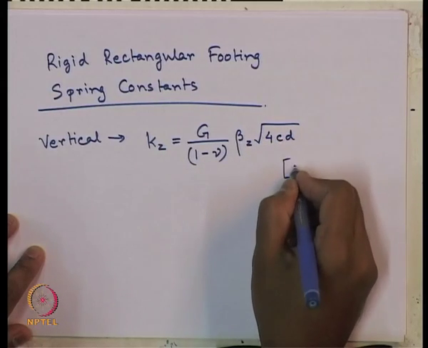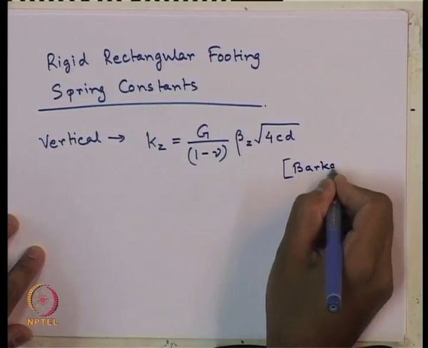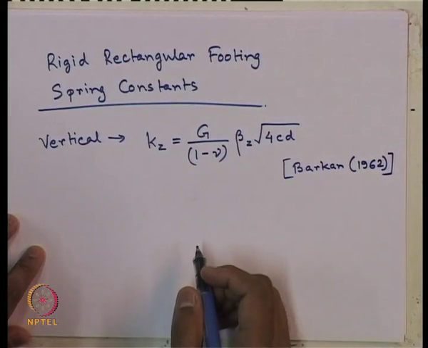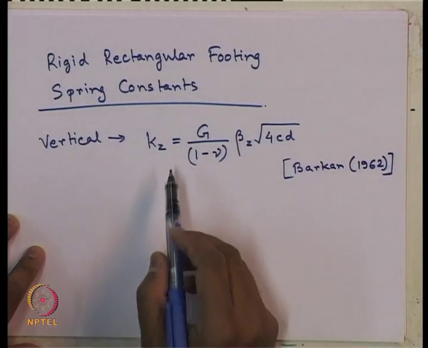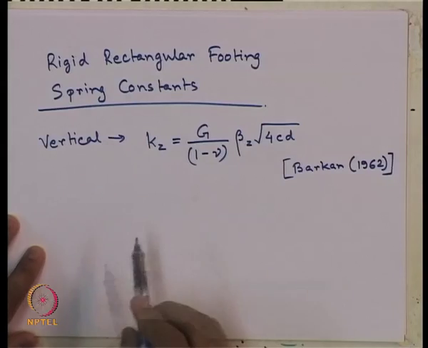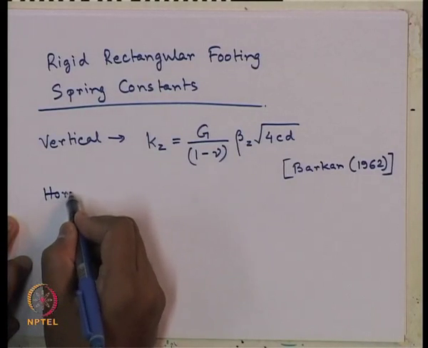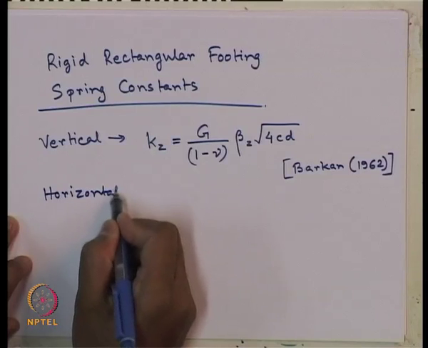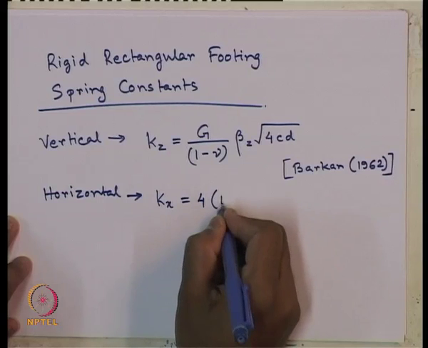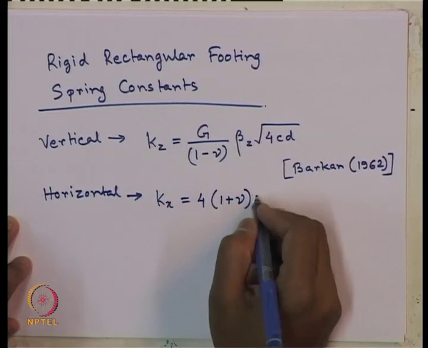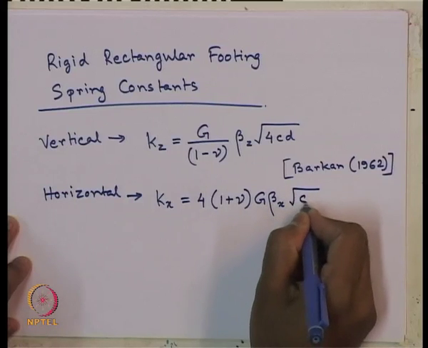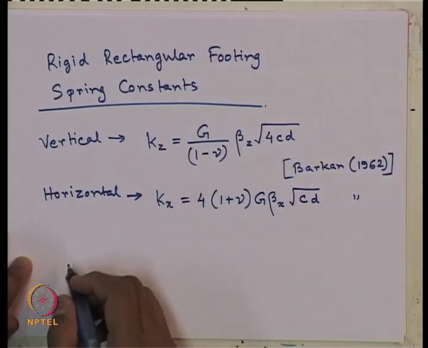This expression was given by Barkan in 1962. In this beta z, these are coefficients, which depend on the size of the footing. For horizontal mode of vibration, it is given by k x as 4 1 plus mu g beta x root over c d. This is also given by Barkan.